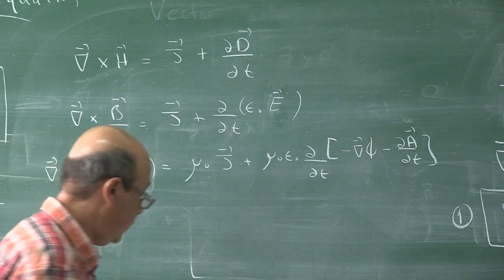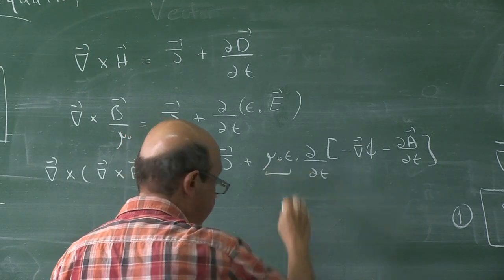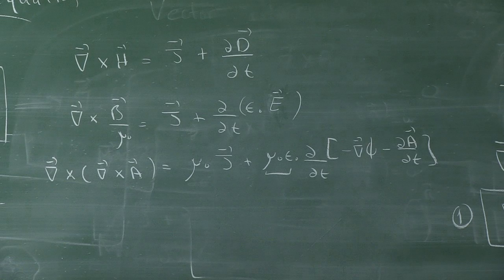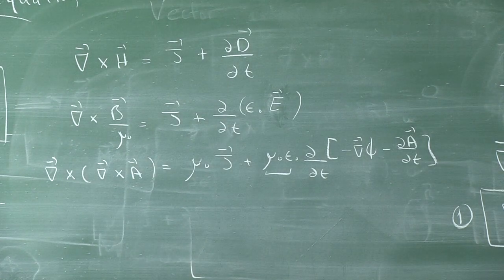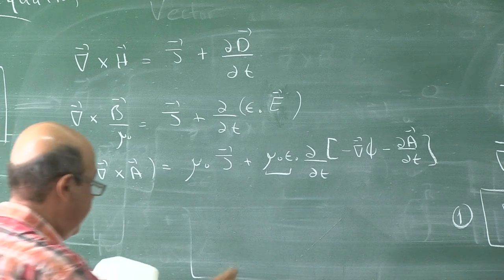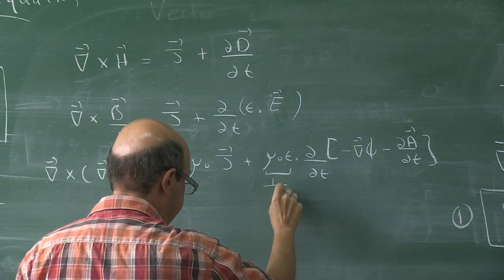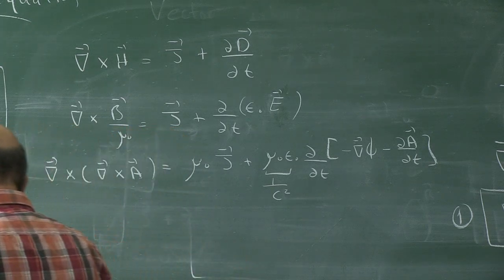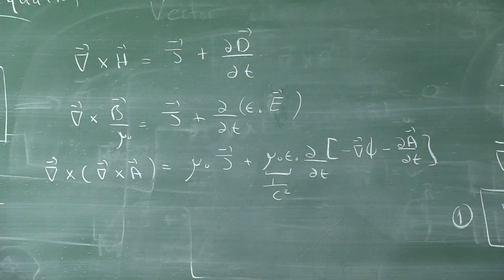Do you know what mu 0 epsilon 0 is? 1 over c square. And the other thing, you need the curl of a curl of a vector. Maybe you derived it in some mathematical courses, it is in the book, first page, so I will directly write the result.